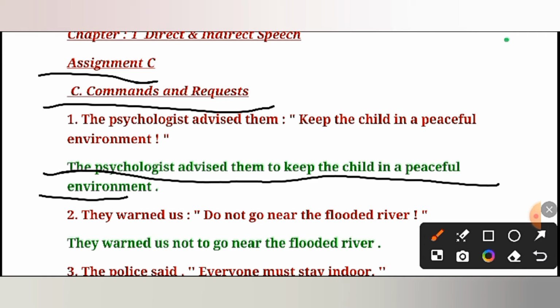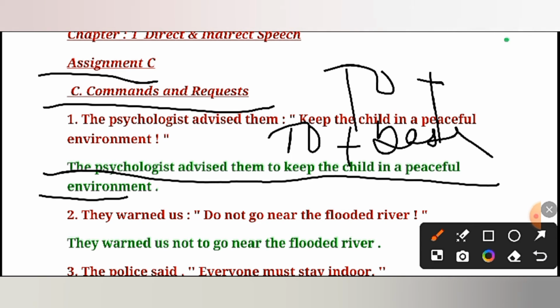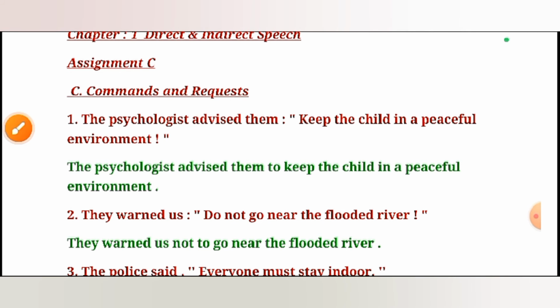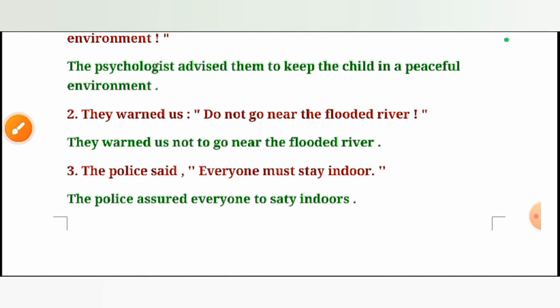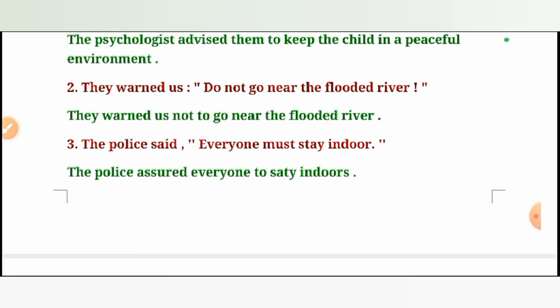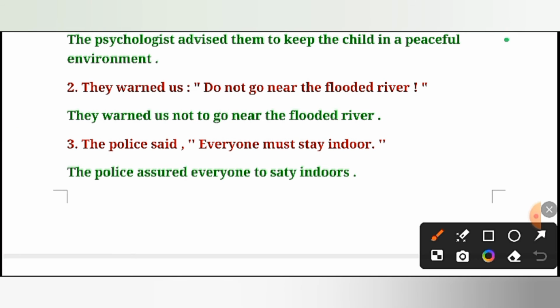We simply use the infinitive and then the base form. The infinitive is to plus the base form of the verb. That is used to keep children in a peaceful environment. Number two, they warned us not to go near the flooded river.